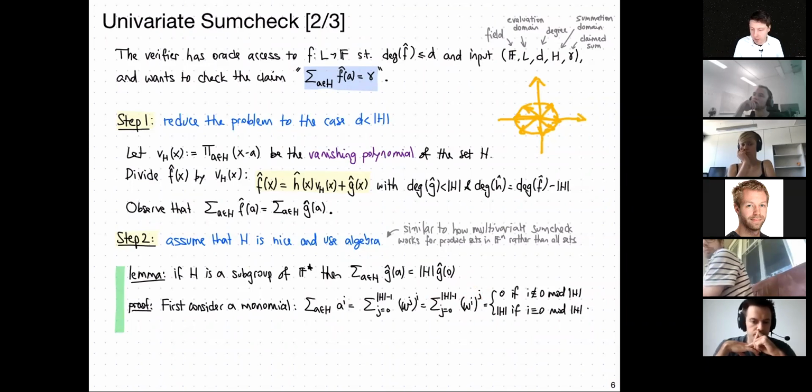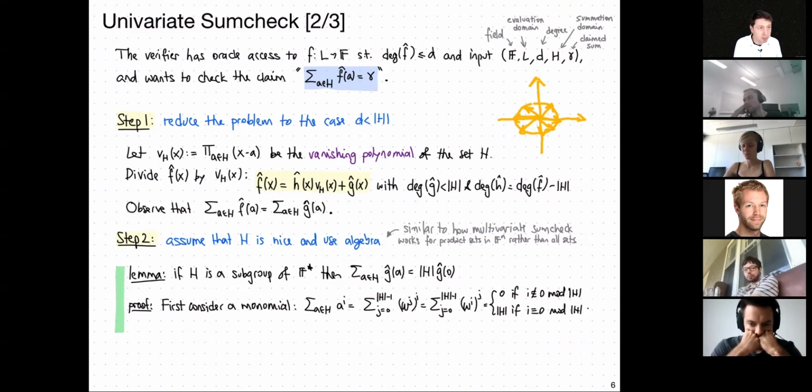Okay? So it's going to be some picture like this, where these are all vectors that are equally balanced and equidistant, and they add up to 0. Okay? And whenever i is 0 modulo h, then you're just adding up a bunch of ones. How many? h of them. All right? So that's just a basic fact of roots of unity.